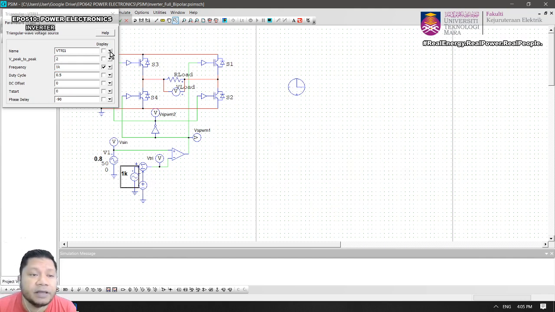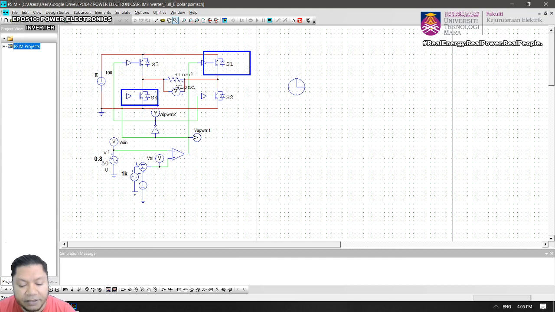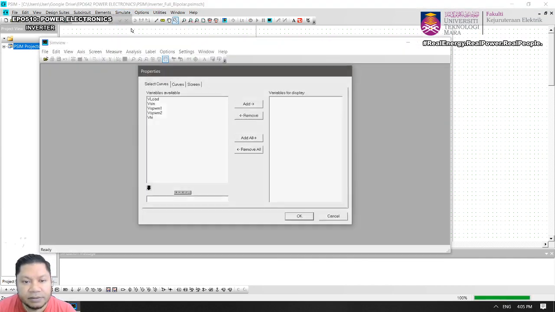I hope you try to understand the PSIM circuit so that you can explore more. The output of that comparator will be fed to S1 and S4, and the inverted version will be provided to S2 and S3. Alright, run the simulation again.